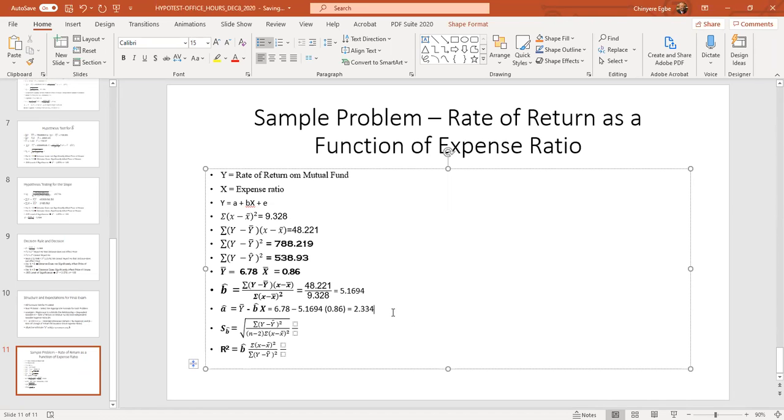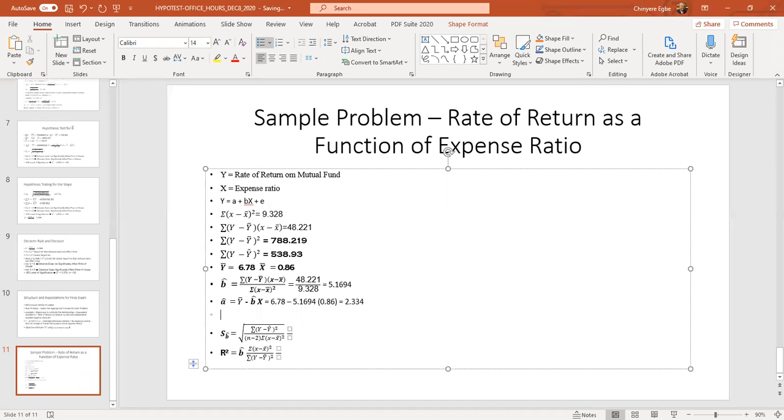So what this says is that then you have the model equation.